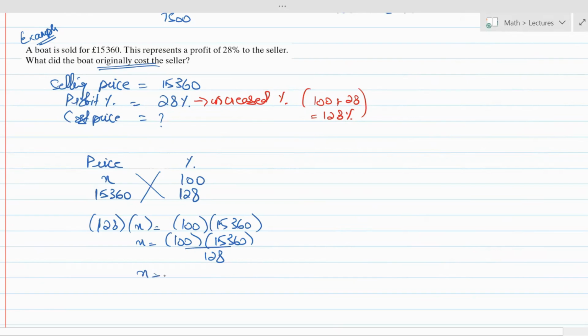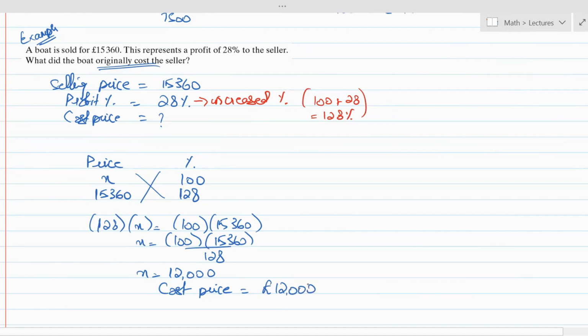We're getting this x as 100 into 15360 divided by 128. We're getting this as 12,000. So that means the original cost, or the cost price of this boat, is equal to 12,000 pounds.